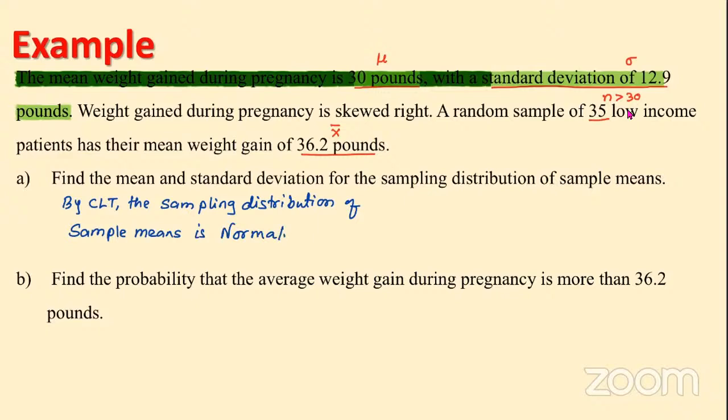And for this normally distributed samples, the mean of the samples, which is mu sub x bar, will be equal to population mean mu, that is 30.